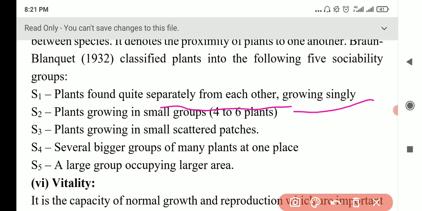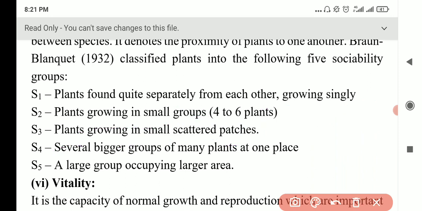Then S2, where the plants grow in small groups, around 4 to 6 plants. This is a smaller group. Then S3, they are growing in scattered patches. Some have more, some have less. Scattered.